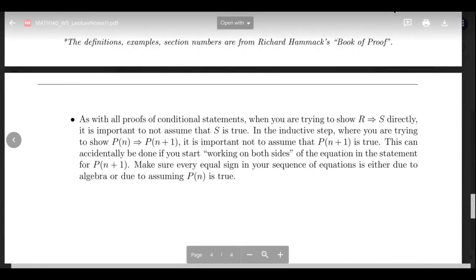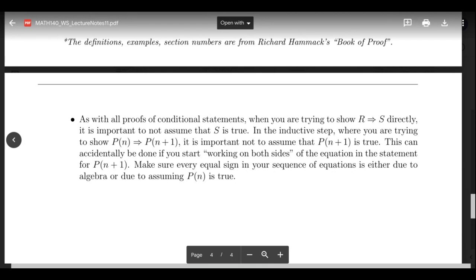Okay, let's read the remark. Yeah, the basis step is always first. We prove it's true for P of 1.